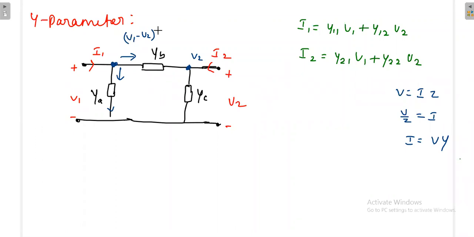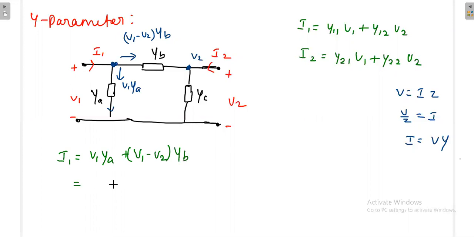The admittance of this branch is yb, so the current flowing here is (V1 minus V2) yb, whereas the current here is V1 ya. Now we know the current entering and the current leaving. The current entering is I1, and the current leaving is V1 ya plus (V1 minus V2) yb.